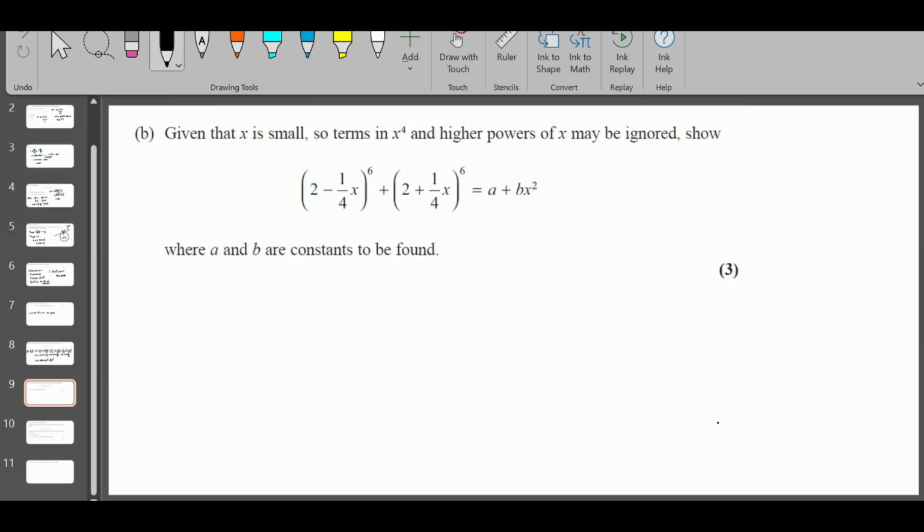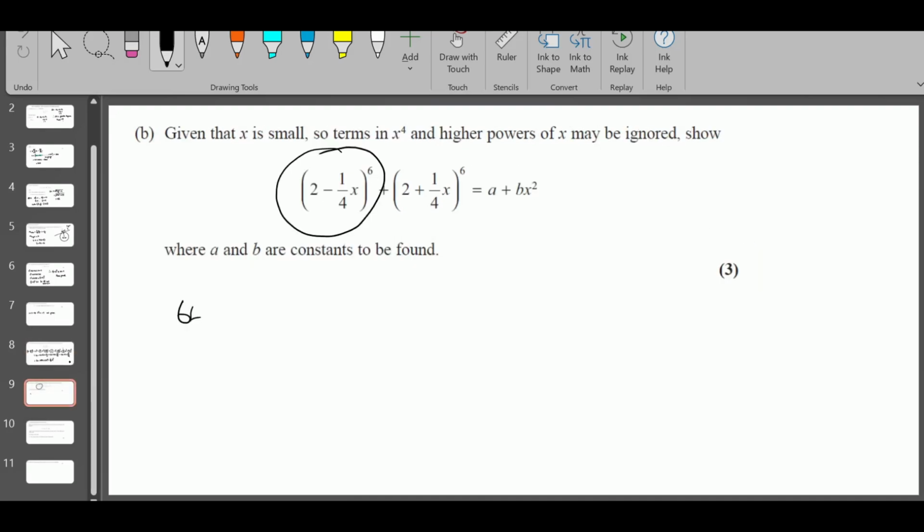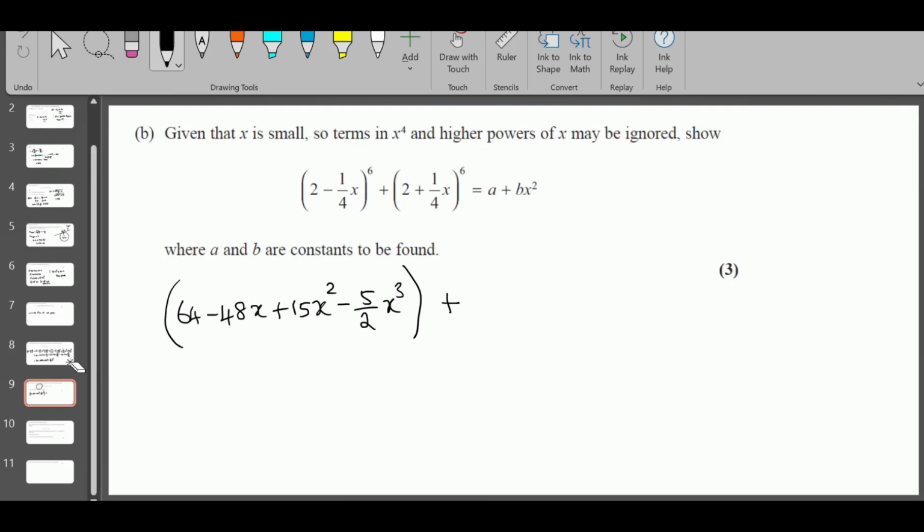Given that x is small, so terms in x power 4 and higher powers may be ignored, show that the addition of these two is this. We have the expansion of this, right? 64 minus 48x, 15x squared, minus 5 over 2 x cubed, plus this, which is basically the same as this.